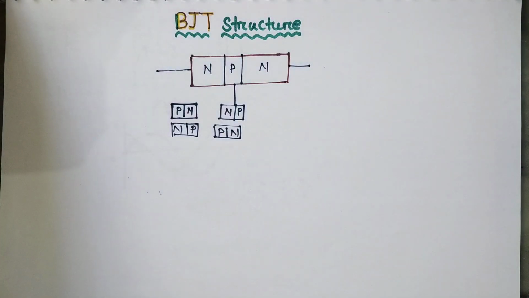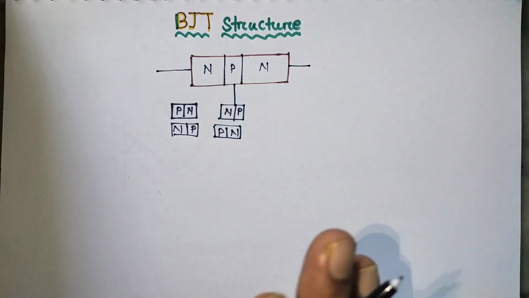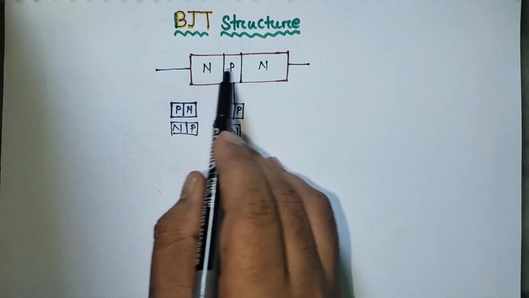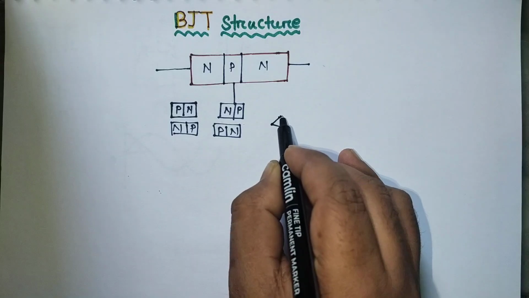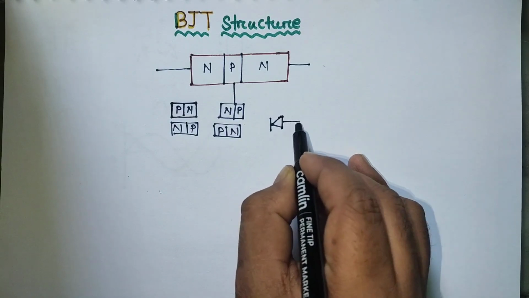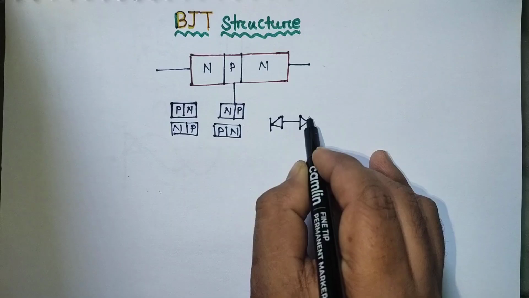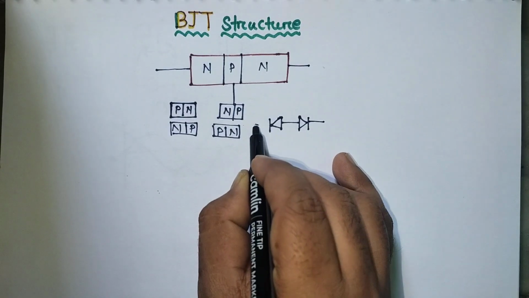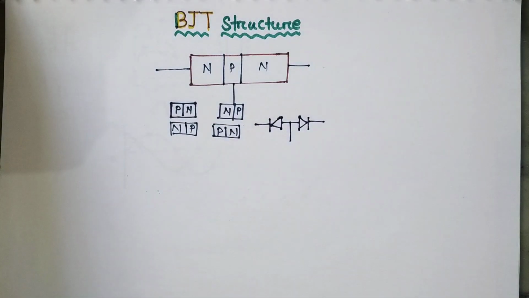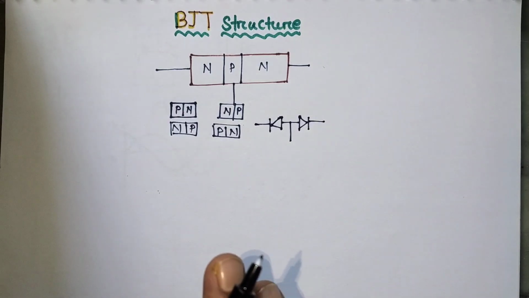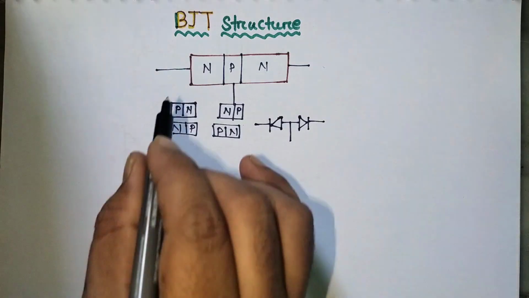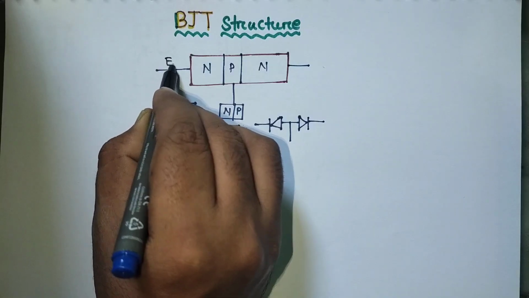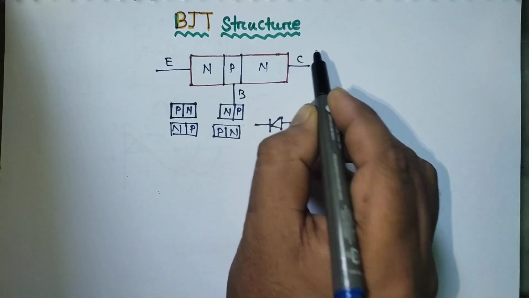But it is not a normal two PN junction diode arrangement. It is not like this. In a BJT, to make this structure, we need to construct it properly. Here I put the names: this is the emitter, this is the base, this is the collector.